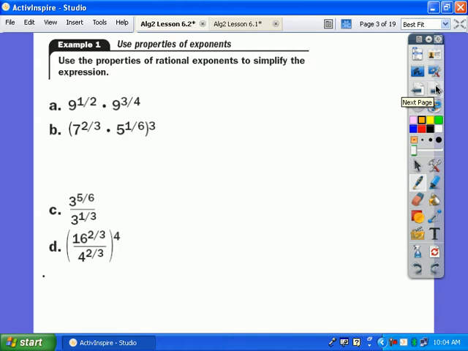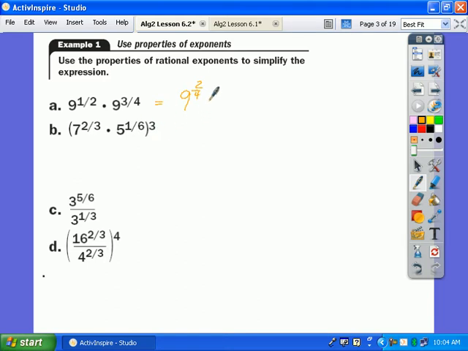Okay. So this first one in letter A, I see I have 9 to the 1/2 power times 9 to the 3/4 power. So both have the same base. So to find what the new power is, we add the exponents. Okay, so 9 to the 1/2. So we need to be able to add fractions, we need a common denominator.